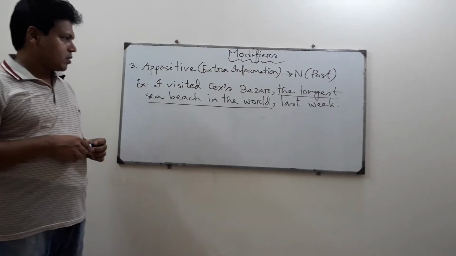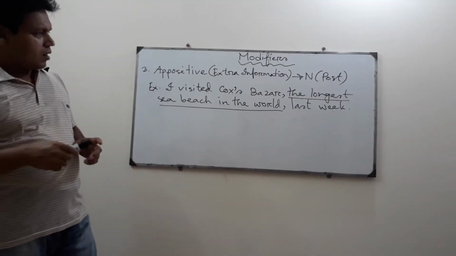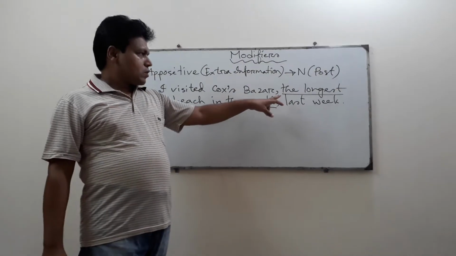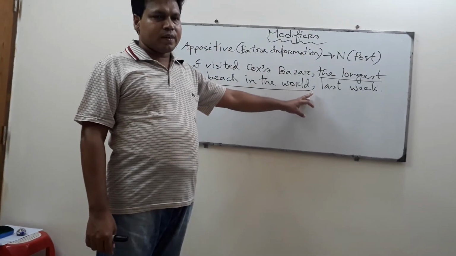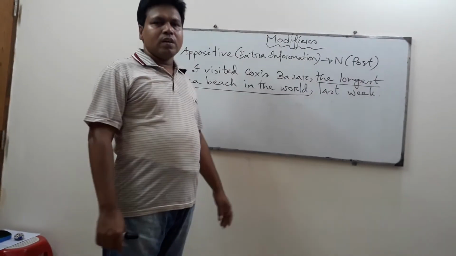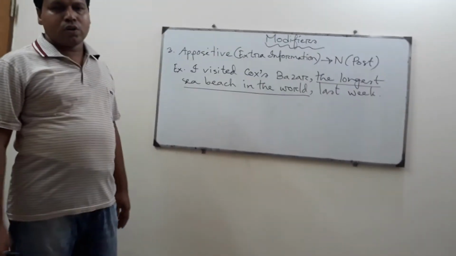So the longest sea beach in the world is an appositive, and look here, an appositive takes a comma before it and it also takes a comma after it if it is used in the middle of a sentence.